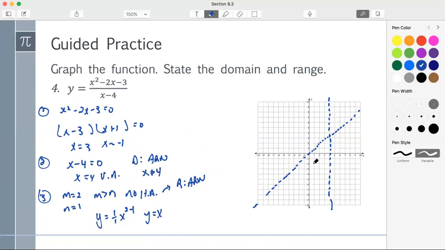So I'm just going to type in the numerator in parentheses. So when you go to the calculator to try this out, I type in parentheses, x squared minus 2x minus 3, divided by x minus 4.